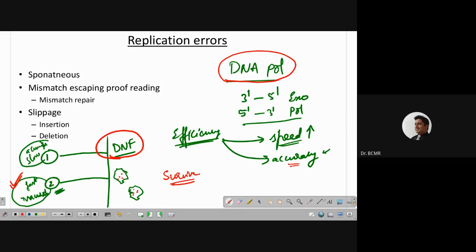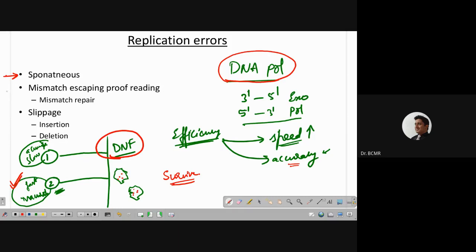So during replication, many mistakes happen. All those come under spontaneous mutations because they are not induced from external sources. The mutation happens because of replication, which is a natural process, and therefore we call it spontaneous mutations.